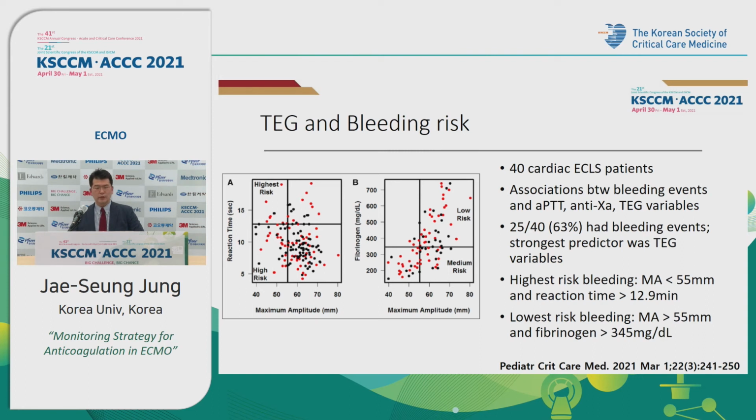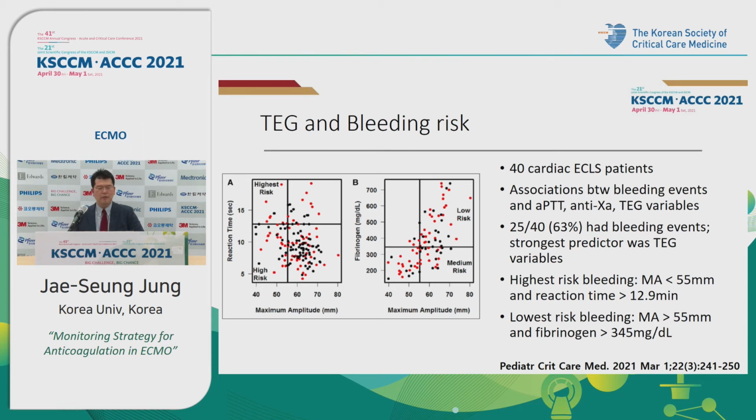This paper was recently published in KSCCM. They analyzed associations between bleeding events, APTT, anti-10A, and TEG variables. 63% of their patients had bleeding events. It showed TEG variables were the strongest predictor of bleeding.